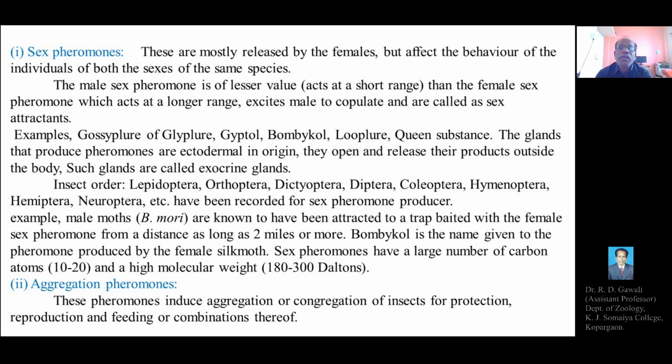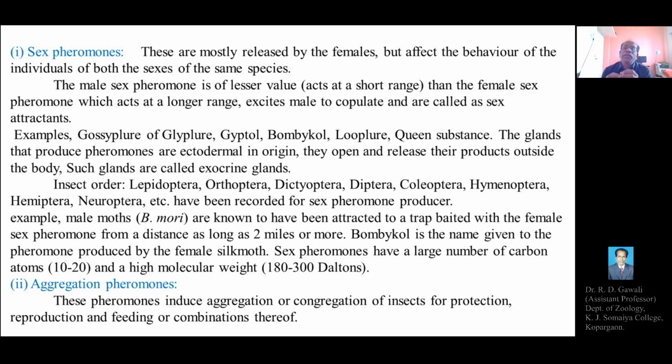Then the second type of pheromone, that is aggregation pheromones. These pheromones induce or stimulate aggregation or congregation, that is collecting a large number of individuals or insects of the same species, either for the purpose of protection, reproduction, and feeding, or a combination of one or two activities, that is protection, reproduction, or reproduction and feeding.